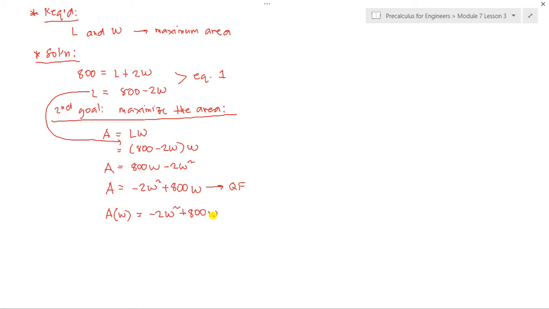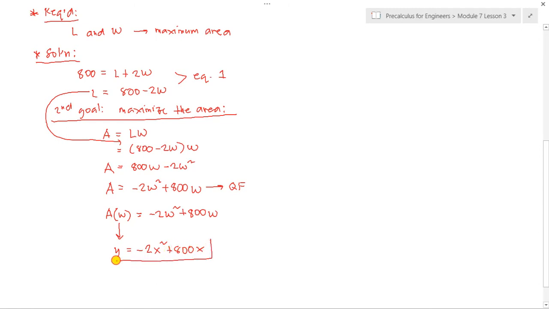We are going to plot this, class, so that you can visualize the parameters, the area and the width, so that we can also interpret this graph or this function. When we graph this using the online calculator, we can say that the area is y, and w is automatically substituted as x. It is the same, that is negative 2x squared plus 800x.